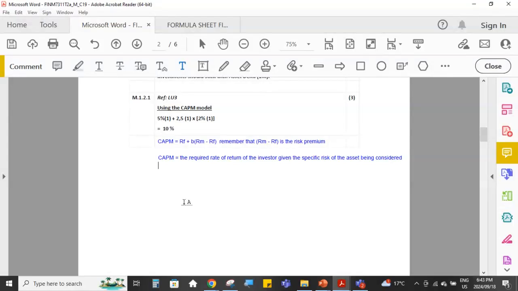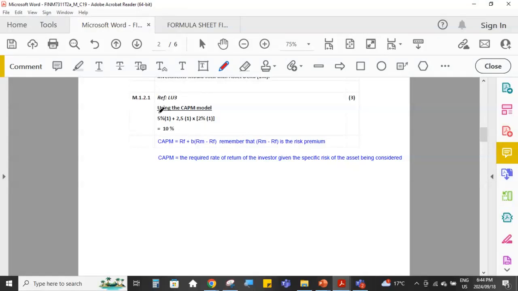So quite often in various questions, you will need to work out what the required rate of return of the investor is. And often they will then give you the information for the CAPM model, and then you can use the capital asset pricing model formula to work out what the required rate of return of the investor is, which is what we're doing now in this question.